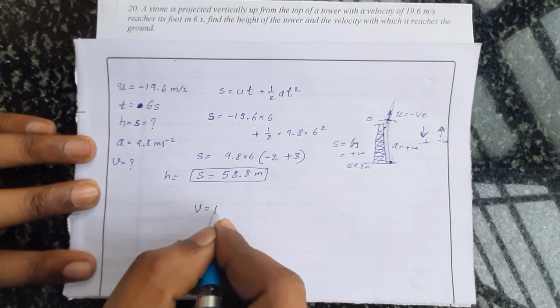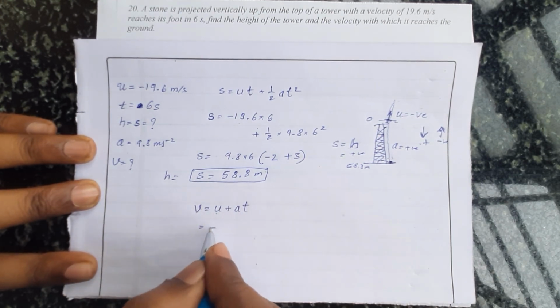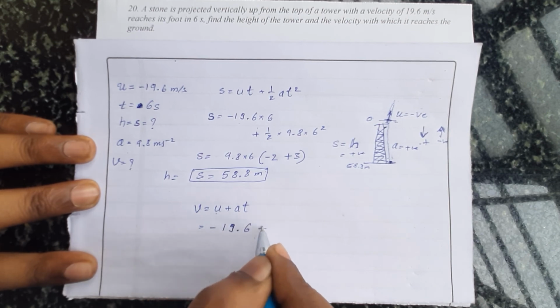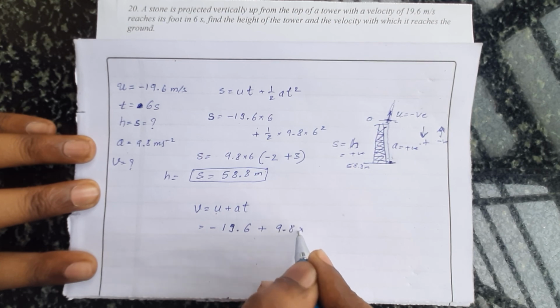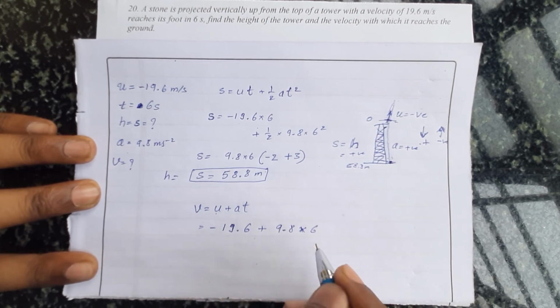Very simple. v is equal to u plus at. u is again minus 19.6, plus a, 9.8, into t, which is 6 seconds.